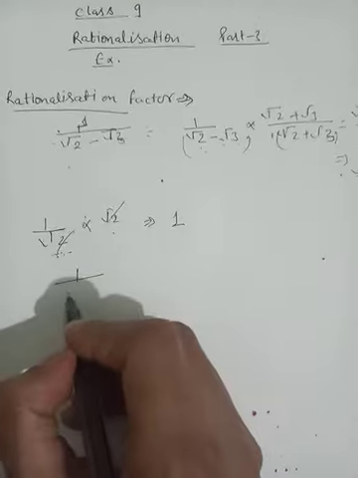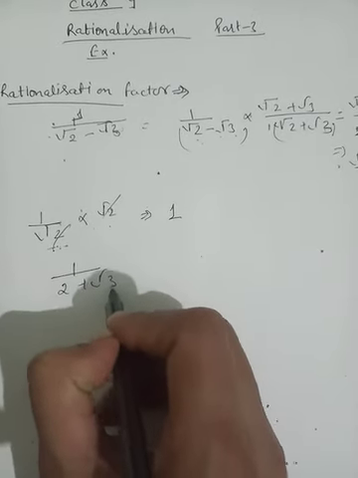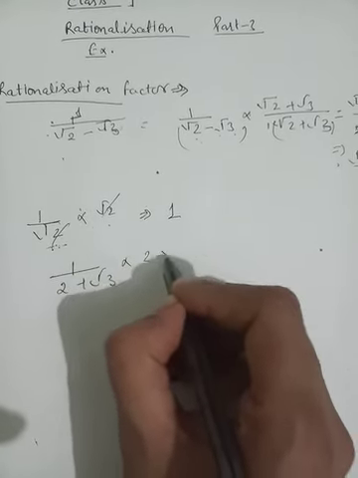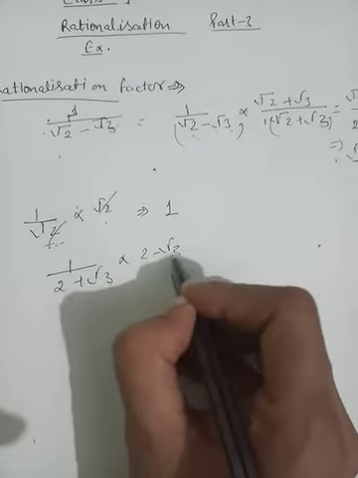So root 2 cancels out and we get 1. And if we have any fraction something like 2 plus root 3, then we have to multiply by 2 minus root 3 in both numerator and denominator to free the denominator from the square root. So this is the way we multiply to rationalize any expression.